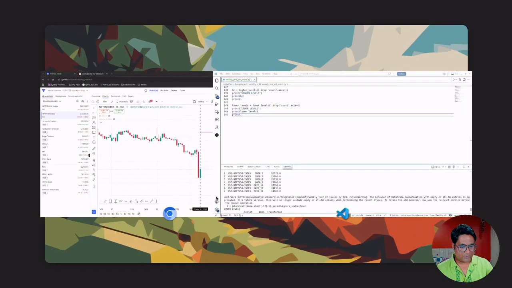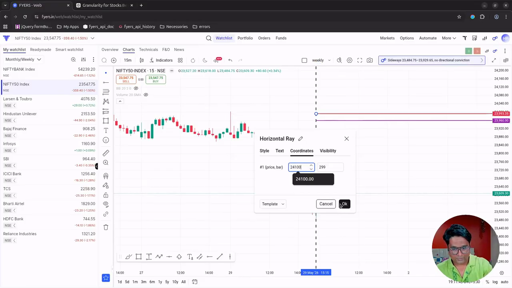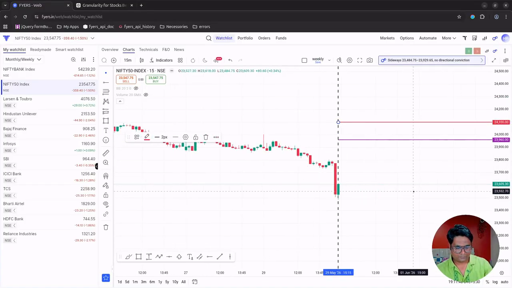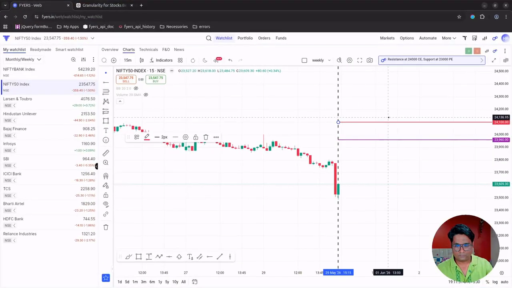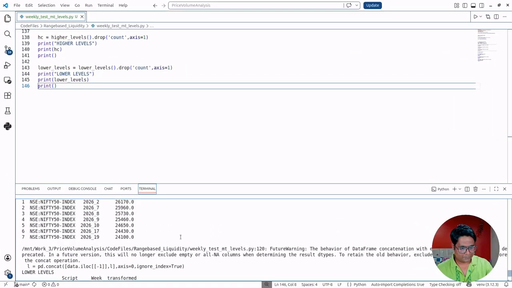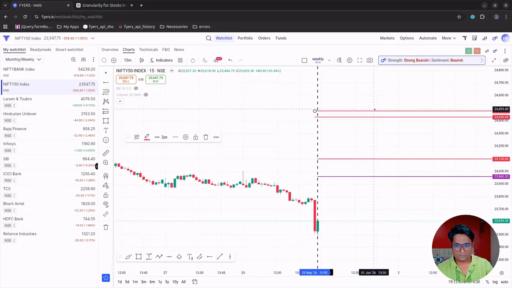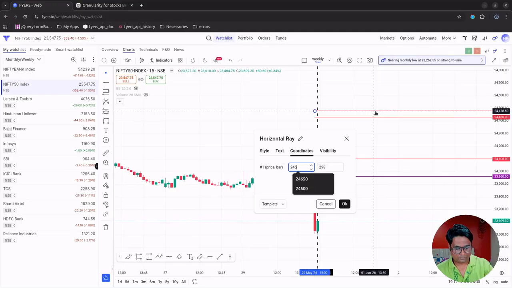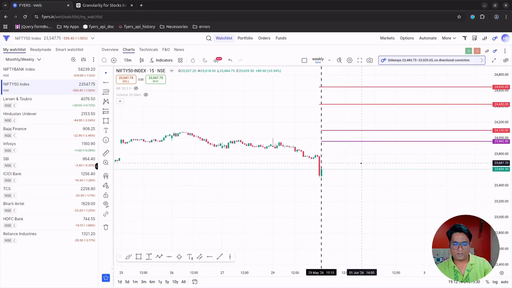Higher levels: 24,100, again above that 24,430, and 24,650. So these levels are enough for upside.